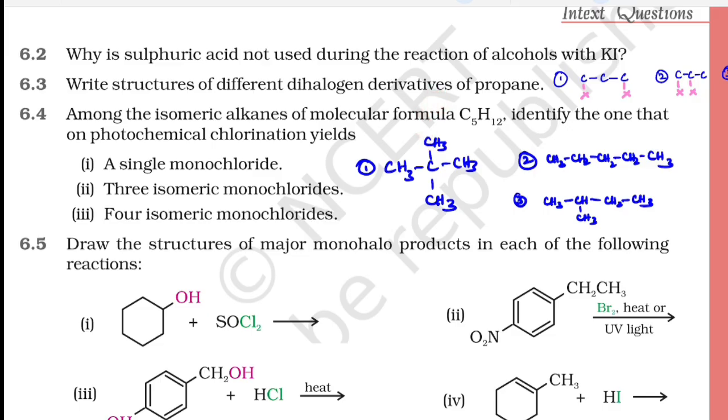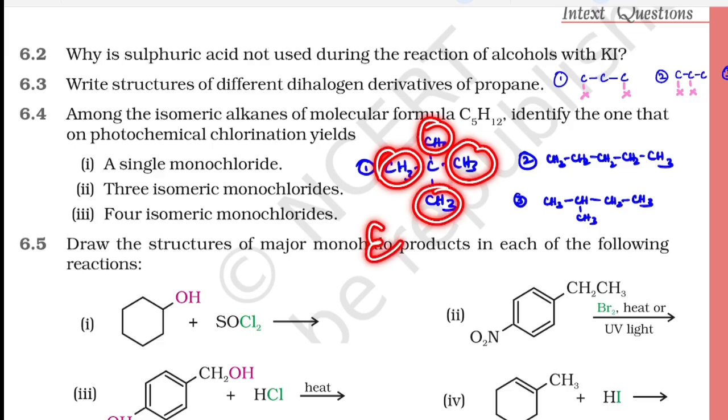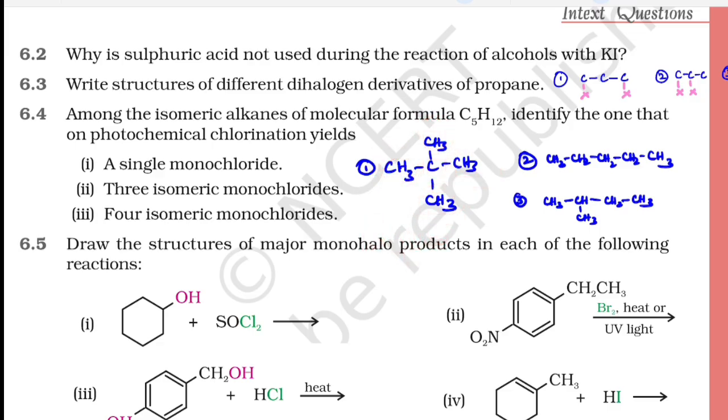Even here hydrogens are attached to this carbon, and this carbon is primary. Even this is a primary carbon, and this is a primary carbon. So all the primary carbons are attached to this carbon, so all the hydrogen atoms here are equivalent in nature. Therefore it will give a single monochloride. So the answer for the first one will be this.